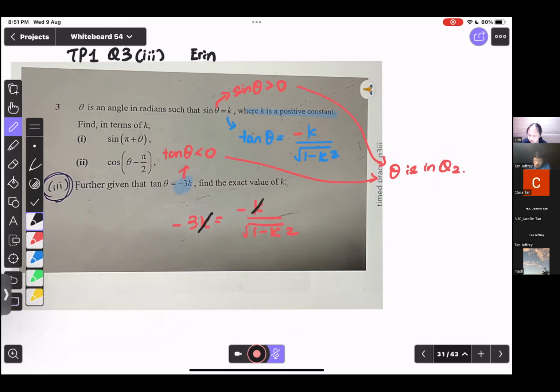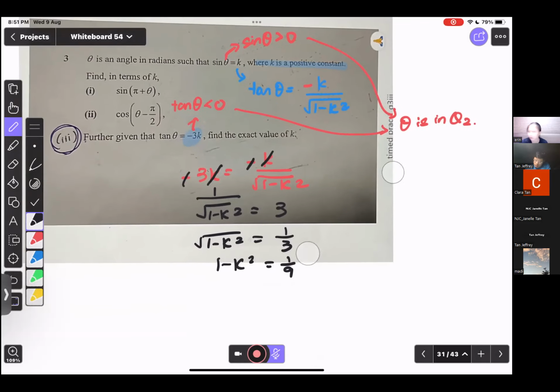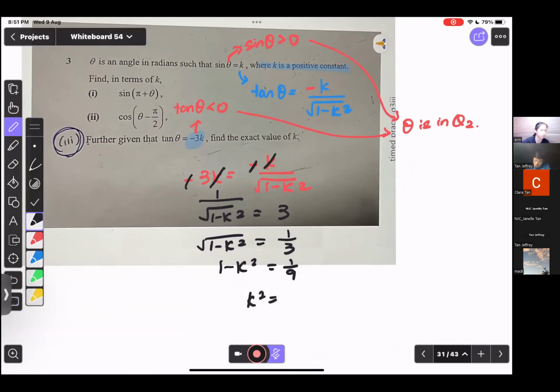So from here, negative 3k equals negative k over square root 1 minus k squared. Cancel k on both sides, cancel the negative sign on both sides. 1 over square root 1 minus k squared equals 3. Square root 1 minus k squared should equal 1 over 3. 1 minus k squared equals 1 over 9. k squared should equal 8 over 9. k should equal plus minus square root 8 over 9, which is the same as plus minus 2 square root 2 over 3.